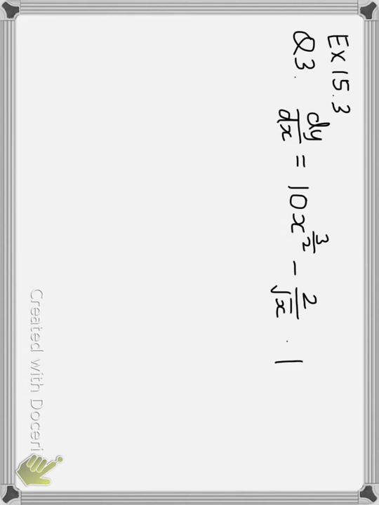You were told that the dy dx of a curve is 10x to the power 3 over 2, and then minus 2 over square root of x. Okay, and then it says this curve passes through this point. And then you're supposed to find the equation of the curve.